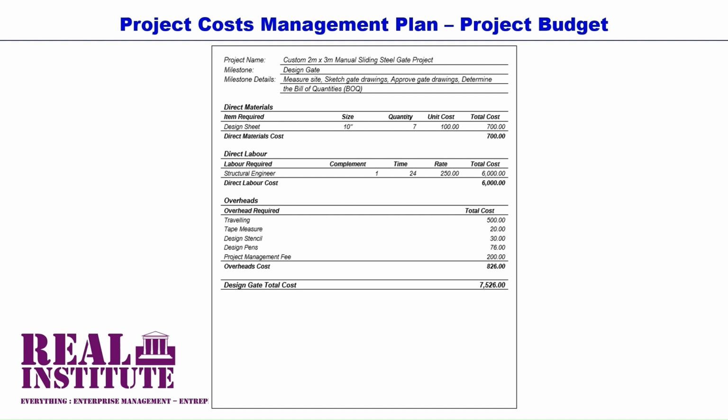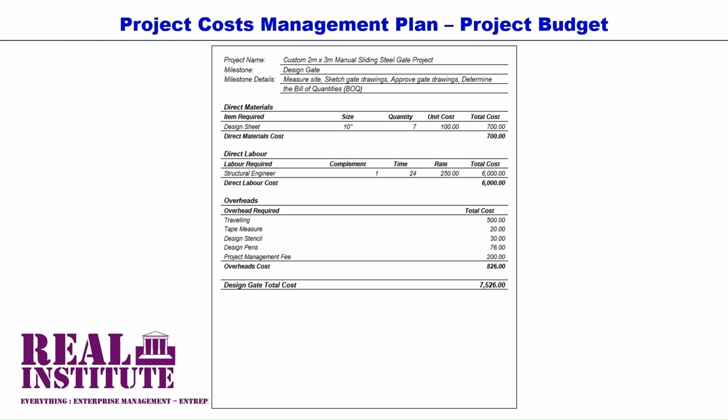The engineer is expected to perform the activities of this phase over a period of 3 days, with each working day being 8 hours, implying that the total number of hours to be utilized by the structural engineer is 24 hours. Then at a rate of 250 per hour, the total project cost for this resource in this phase is 6,000. That is, we multiply 24 hours by the rate of 250 per hour.